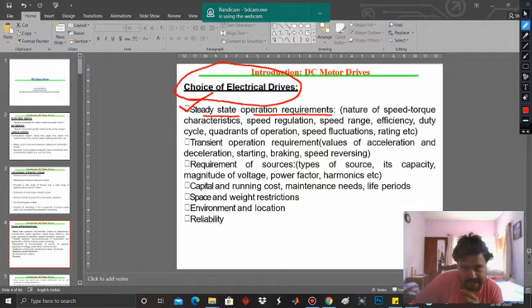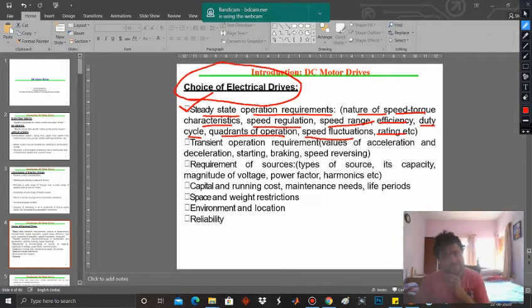That is the nature of the speed torque characteristics, speed regulation, speed range, efficiency, duty cycle, quadrants of operation, speed fluctuations, rating. So all these things are very much specific to the requirement of an industry.